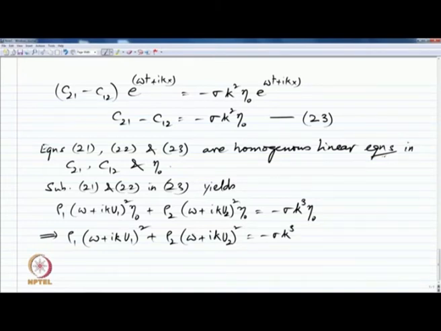So, essentially we are able to eliminate C1 and C2 by a substitution, and we find that we have an equation for eta naught, and the only time this equation in eta naught has a non-trivial solution for eta naught is when the rest of the coefficients are equated. Okay. So, that gives us this equation here, which we call our dispersion relation.